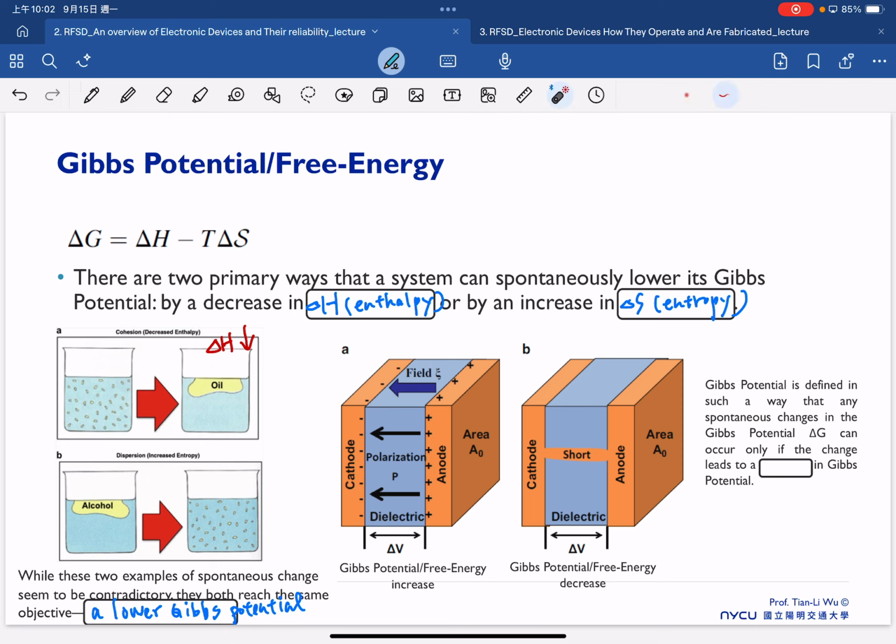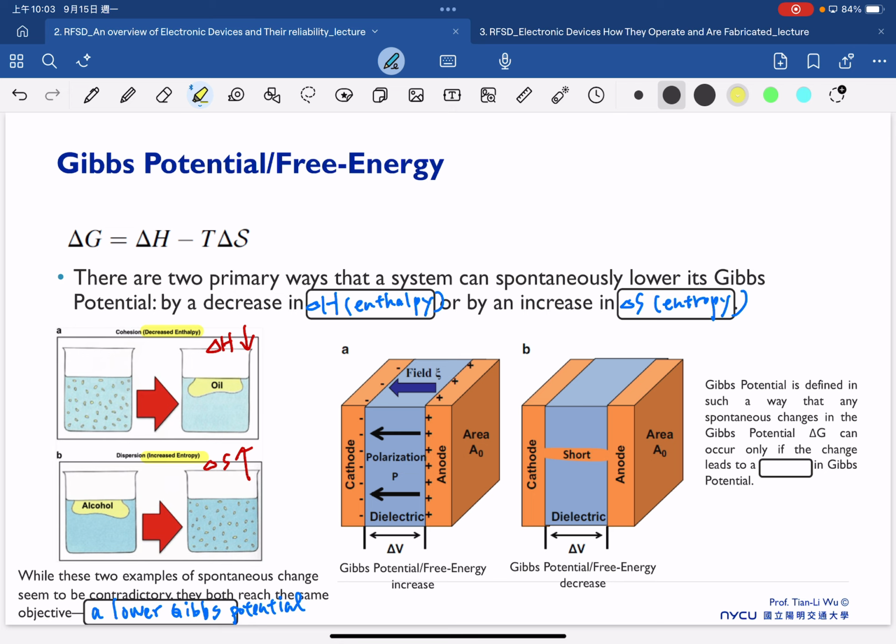But on the other hand, if you have alcohol in the water, it will spontaneously split out as lots of small alcohol droplets in the water, which is a delta S increase. So this is a very simple case: one process is decreasing enthalpy, and the other is increasing entropy. This is one example of how the Gibbs potential tries to achieve the lowest potential possible.